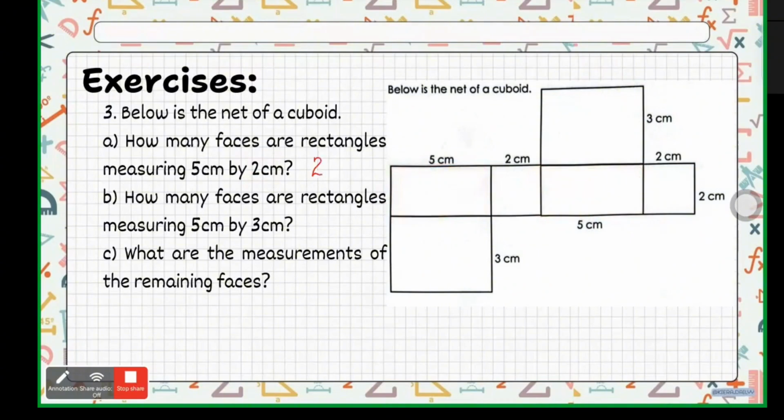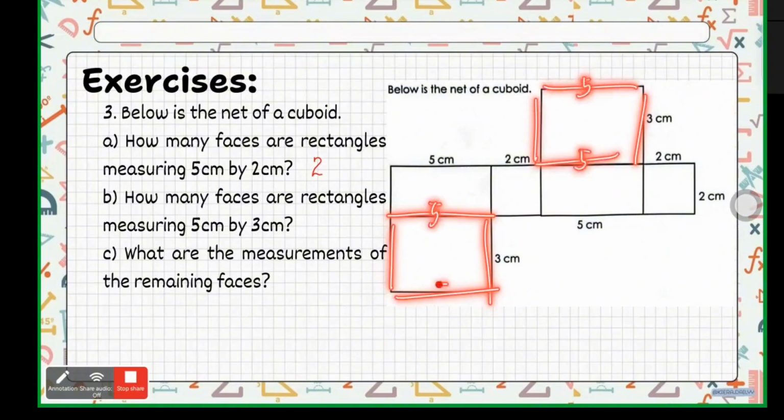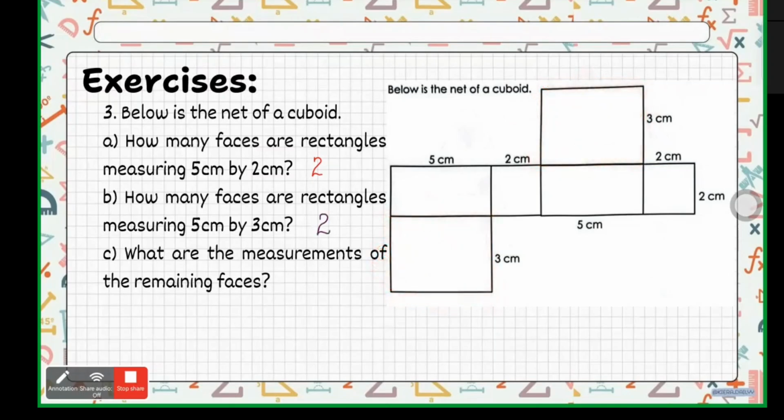Next, how about how many faces are rectangle measuring 5 cm by 3 cm? So 3 cm and 3 cm, and this will be your 5 centimeter. In short, how many faces are there? Okay, there are also 2. Now, what are the measurements of the remaining faces?